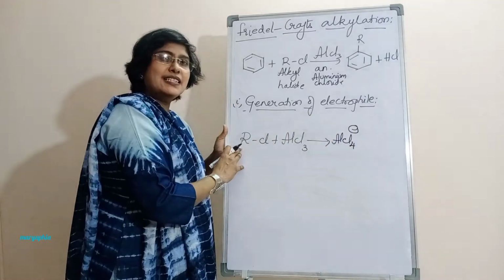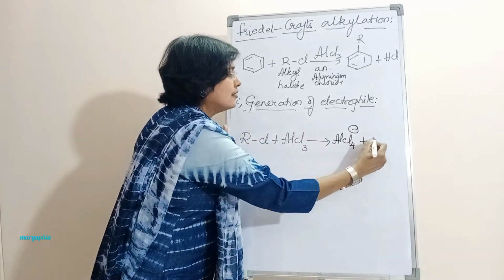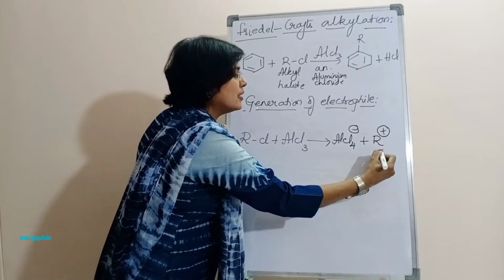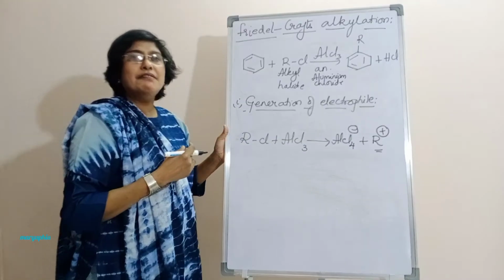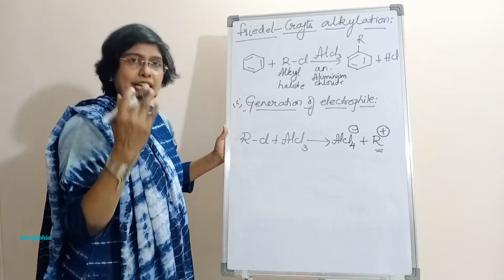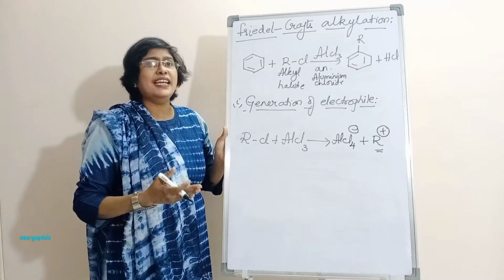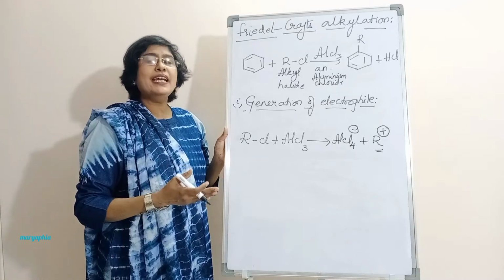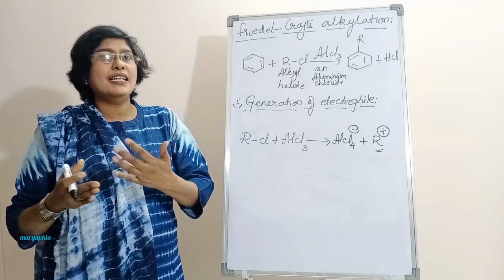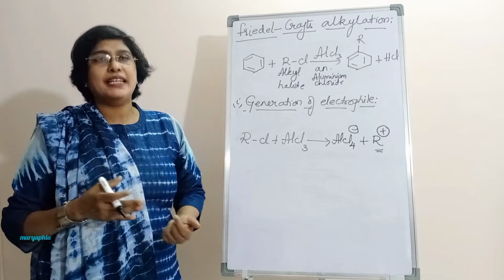Now this R is deficient in electrons, that means R plus is formed. This is the electrophile, which we call the alkyl carbonium ion. This alkyl carbonium ion is involved in the second step. That means this approaches benzene, and we will see how the second step takes place.